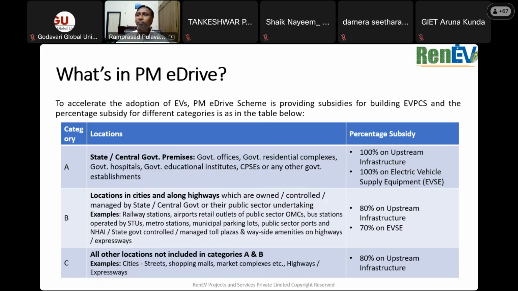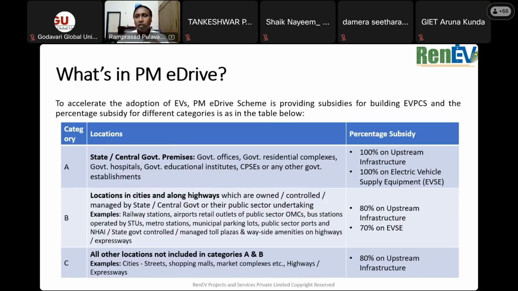So if I'm a state government entity, let's say I'm a municipality, a hospital, a government educational institute, and the government entity comes forward, the Government of India is ready to give you 100% subsidy for upstream infrastructure like transformers, switchgears, and all sorts of things, and 100% subsidy for the electric vehicle chargers also.